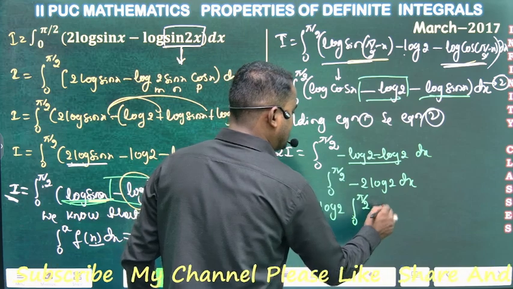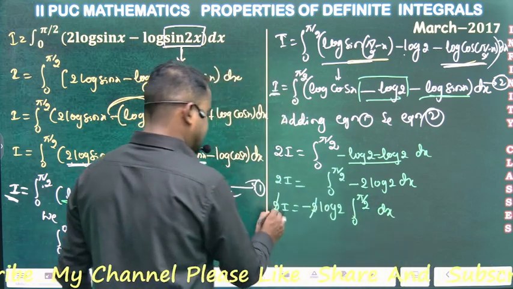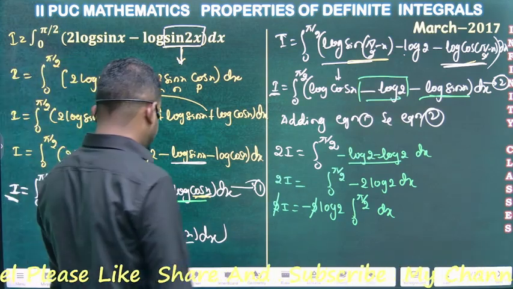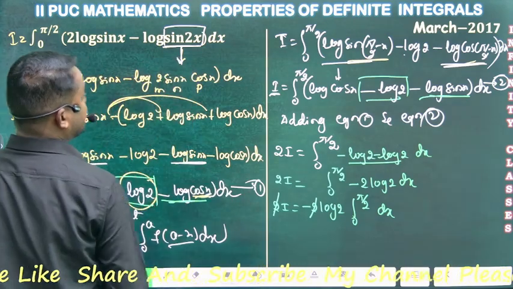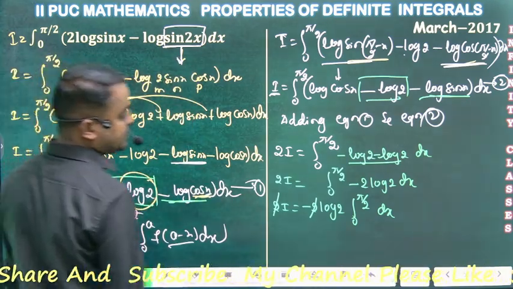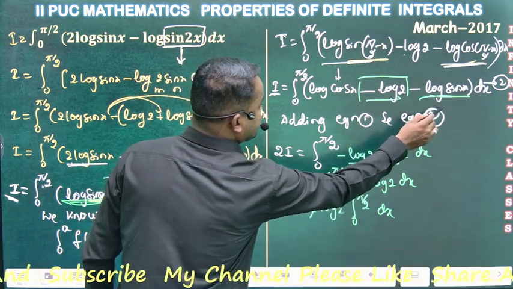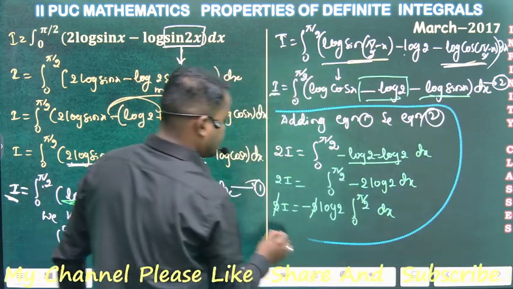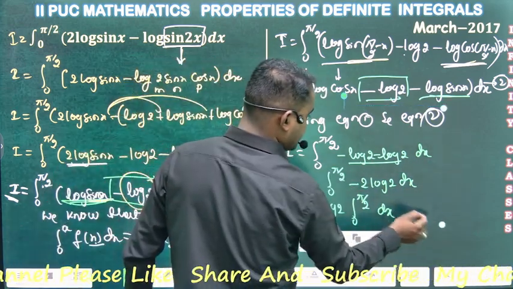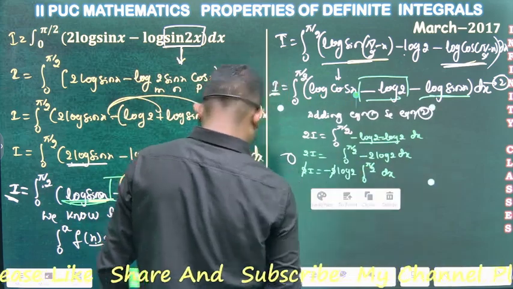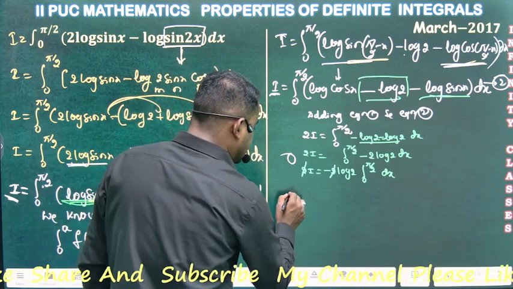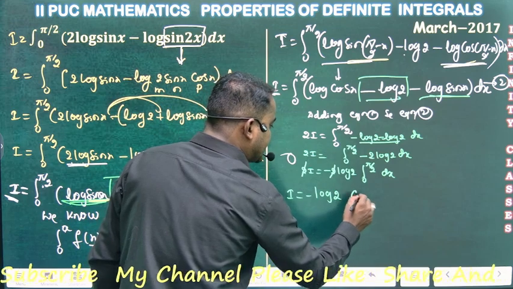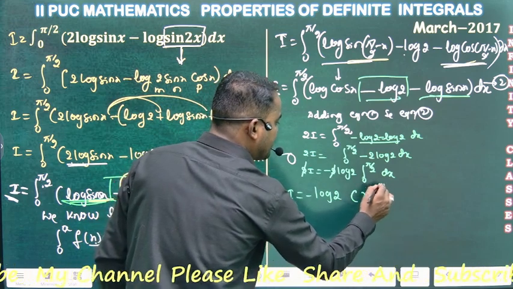This 2 gets cancelled, then I is equal to minus log 2 times the integration of dx, which is x between the limits 0 to 5 by 2.